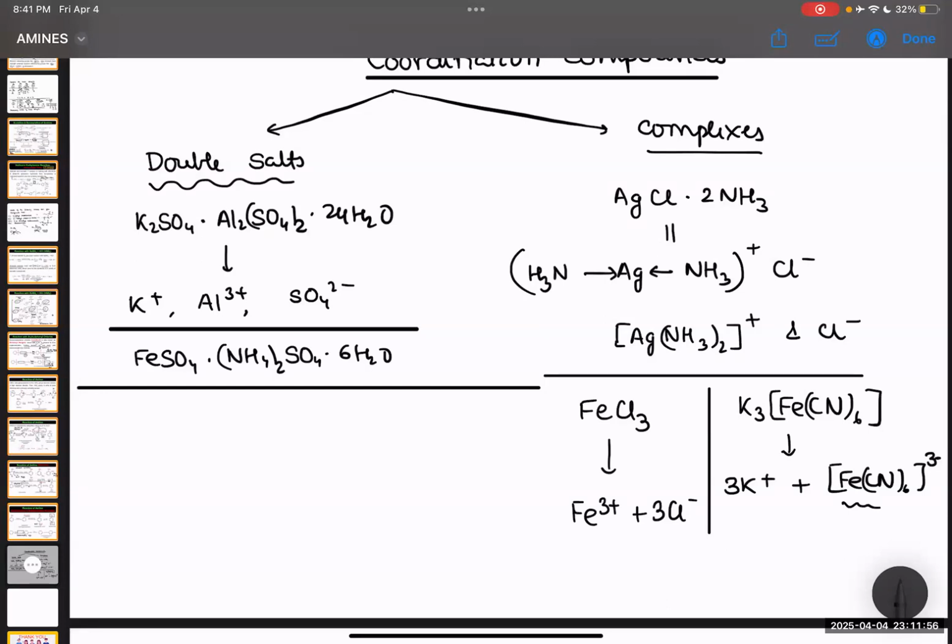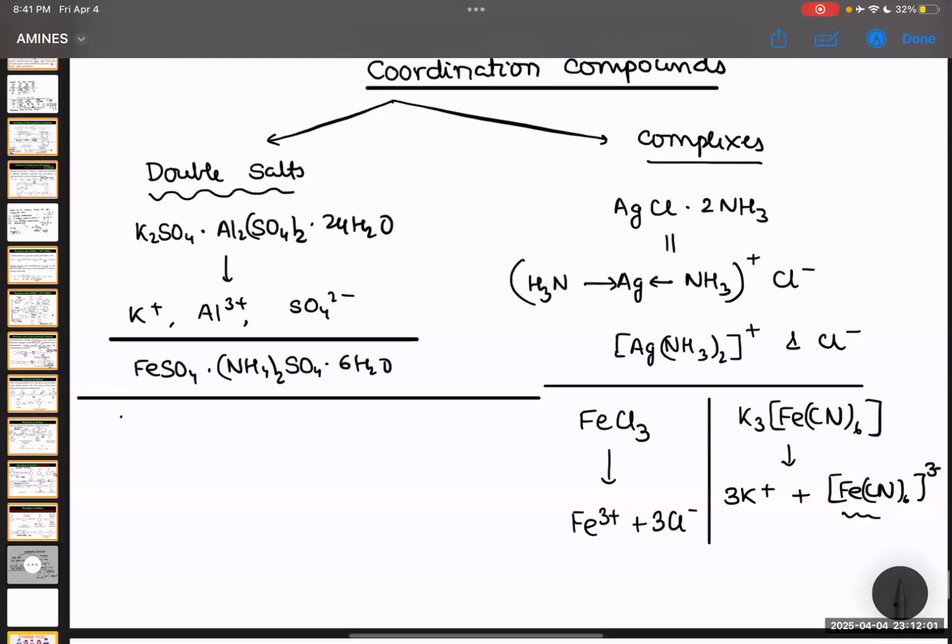Homoleptic means they consist of just one type of ligand, and heteroleptic consist of more than one type of ligand. For example, this is homoleptic. And this is heteroleptic.